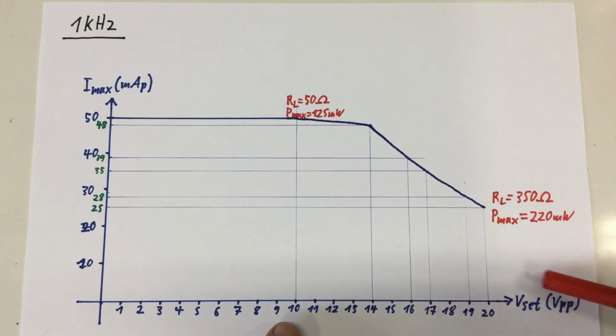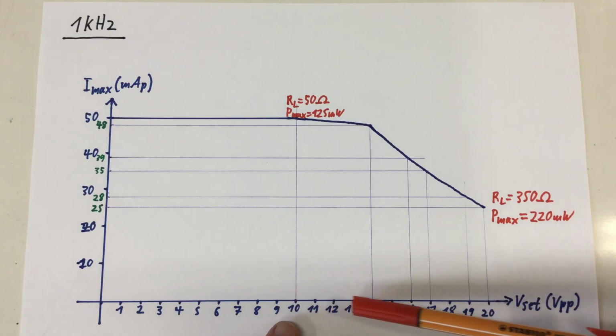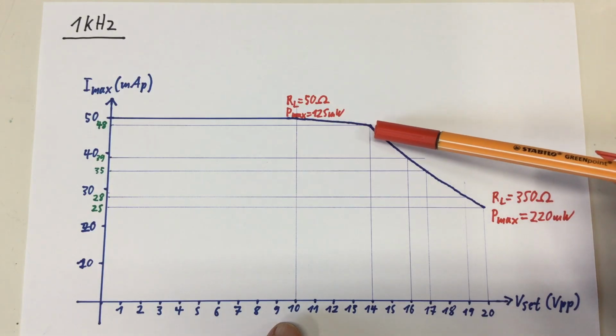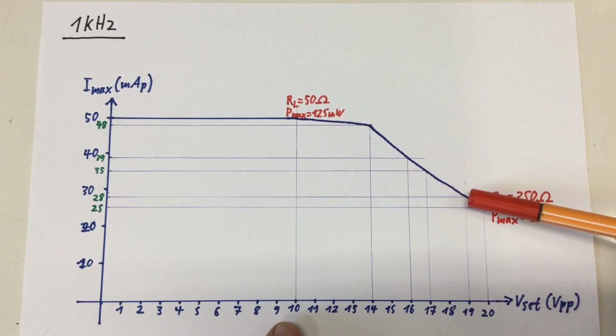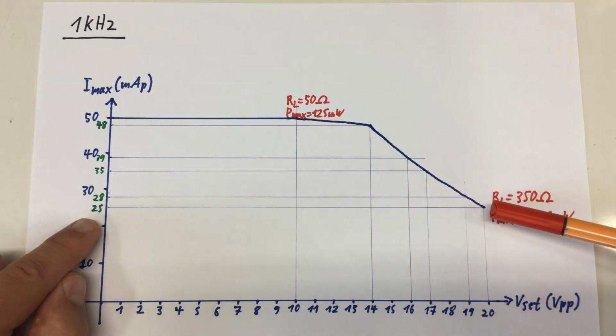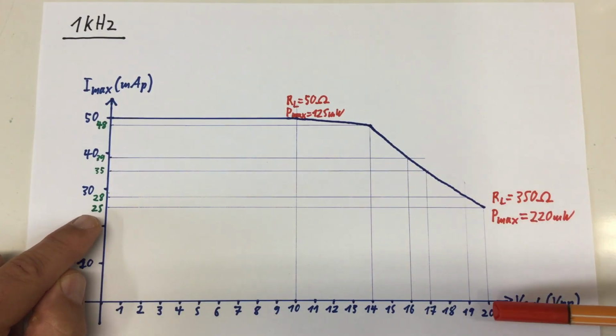If you increase your set voltage, which is in peak to peak in the unit, above 10 volts, the current the unit can supply drops down. It drops down to about 52 milliamps at 20 volt VZ.